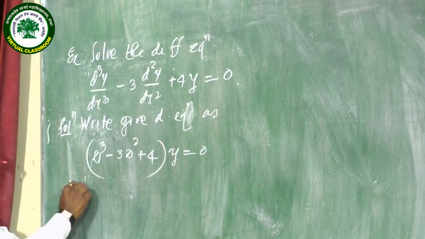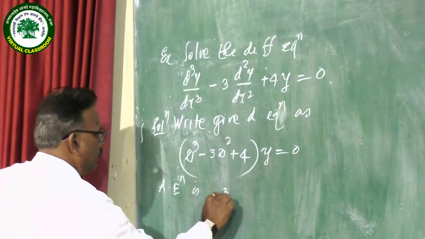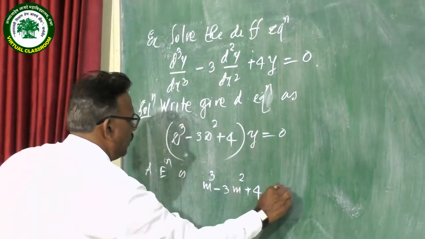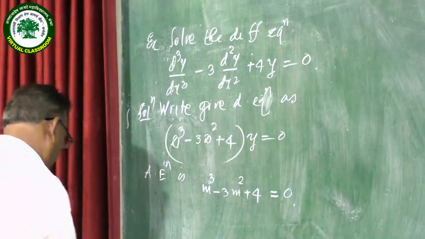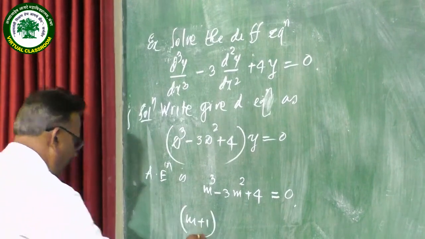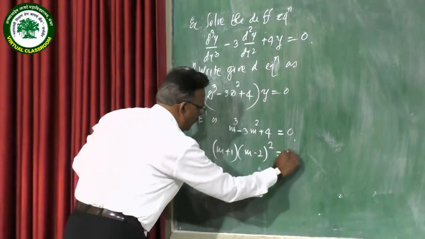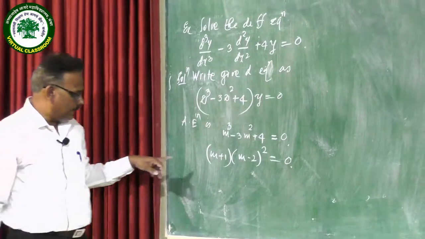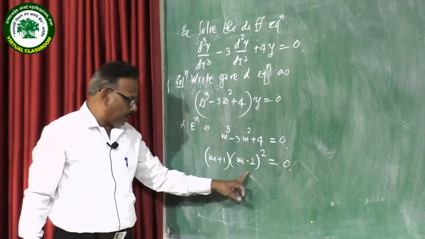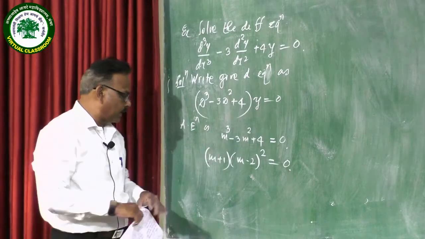Its auxiliary equation is m cube minus 3m square plus 4 is equal to 0, and it will be factorized as m plus 1 and m minus 2 whole square is equal to 0. See here, m plus 1 is one factor and there are 2 factors of m minus 2.